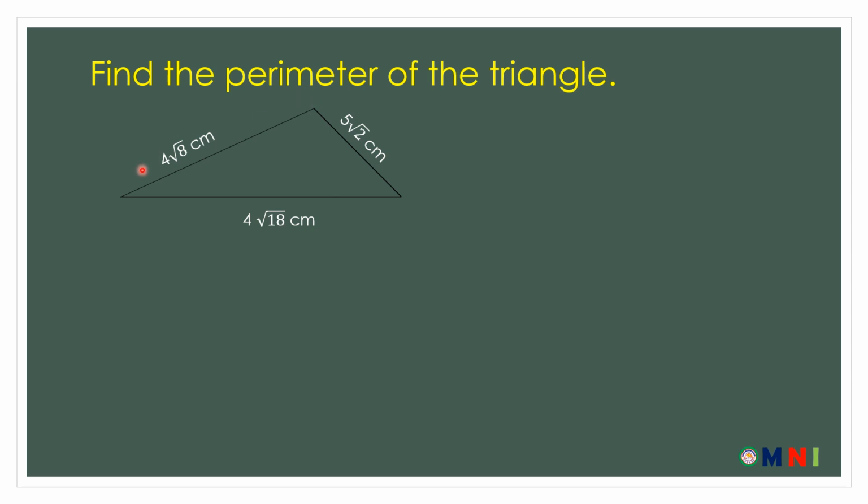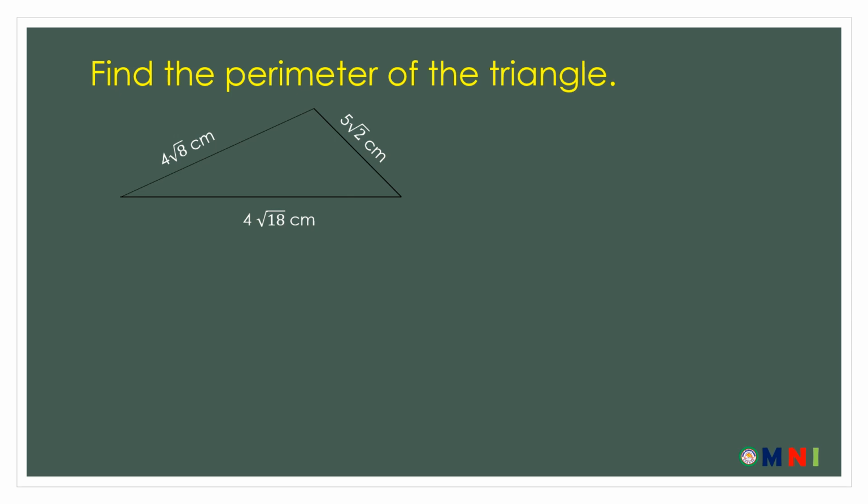Perimeter is the distance around a given figure. Therefore, we are going to combine all the distances, and that's the perimeter. In this given problem, we will just simply get the sum of all the sides to find the perimeter of the triangle.